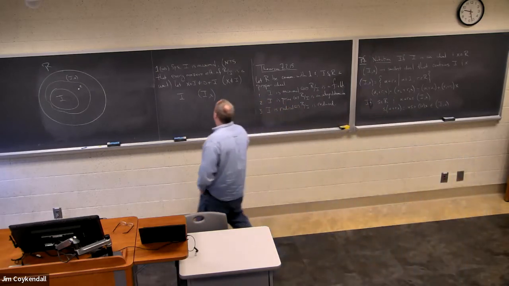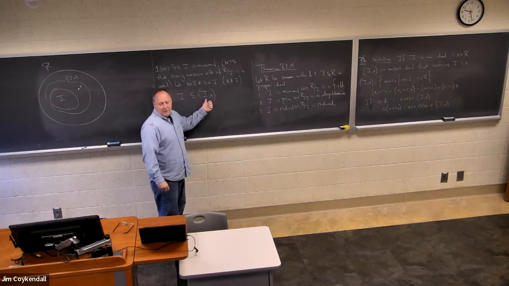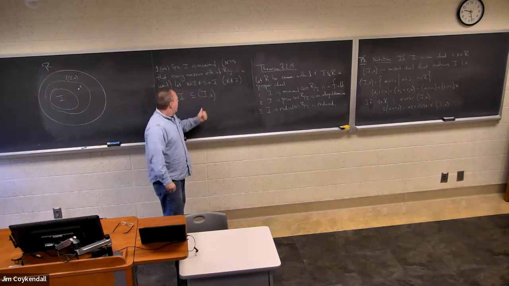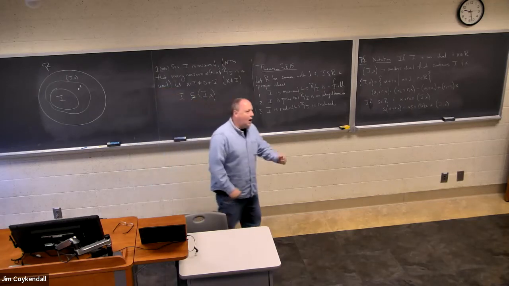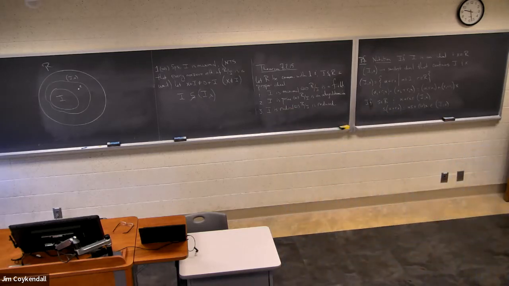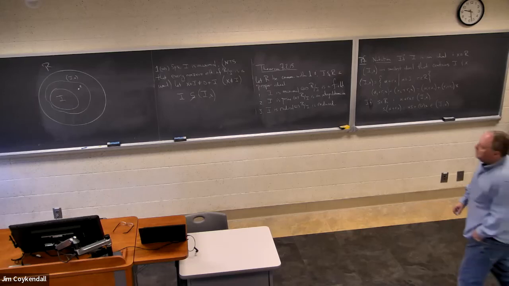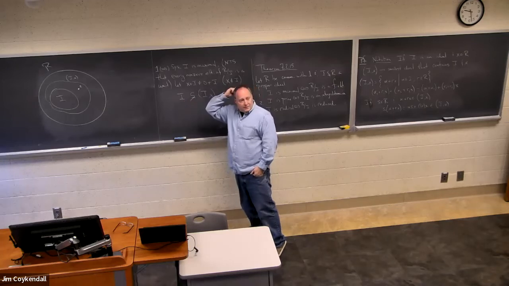That is correct. I mean, for gosh sakes, this thing contains all of I, right? But I'm going to go a step further. I'm going to say it's honest to goodness, really bigger. Can somebody tell me why it has to be really bigger? That is correct, because X lives here, but it doesn't live here.